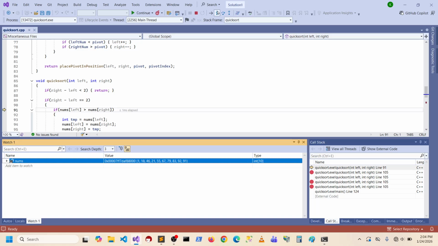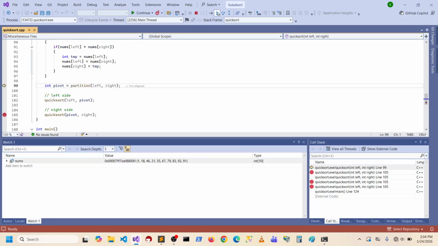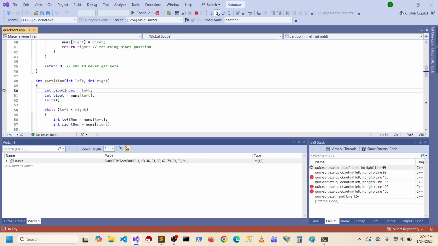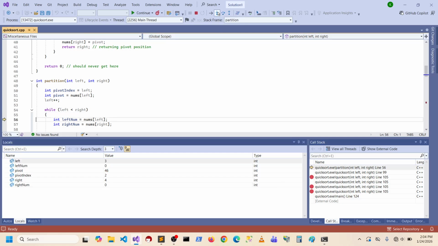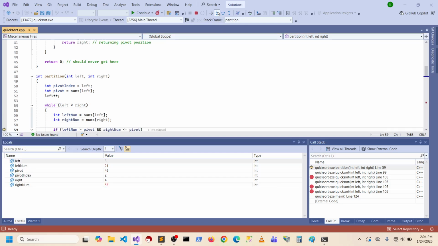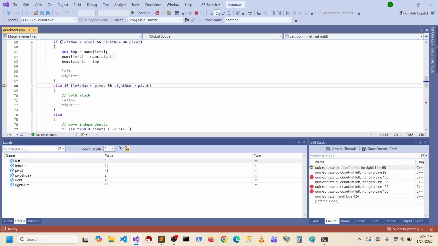So they don't swap. 20 by 55, those are already in place.